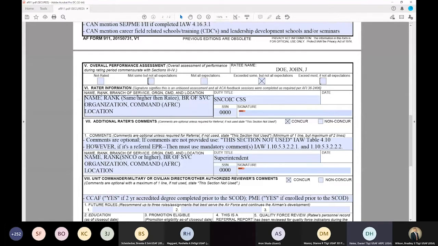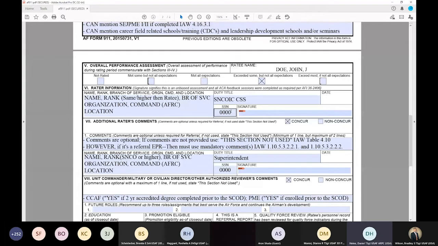Section 6. This is where the rater is going to sign the report. So they are going to fill in their signature block information, their duty title, and their last 4 of their social. If the rater is a civilian, they do not have to put the last 4 of their social. They can if they choose to, or they can just put 0000, or just leave it blank.